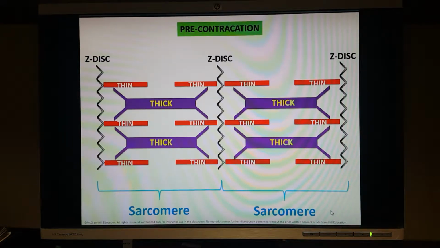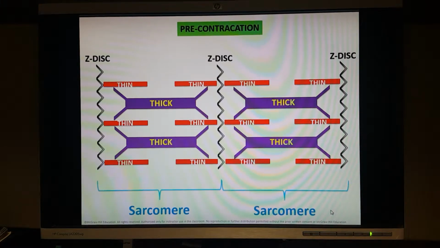Then the release of the ADP and phosphate group causes that conformational change in the myosin head, causing the power stroke.